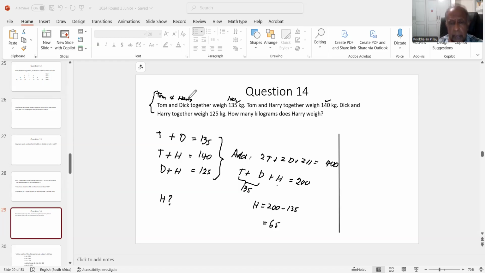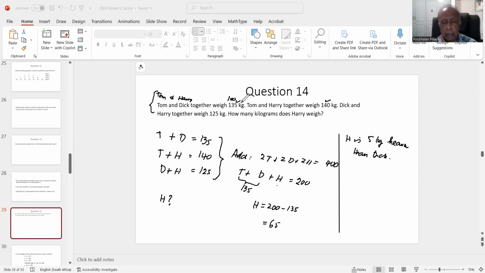So Harry is contributing to 140 and Dick is contributing to 135, and Harry is 5 kilograms heavier than Dick.